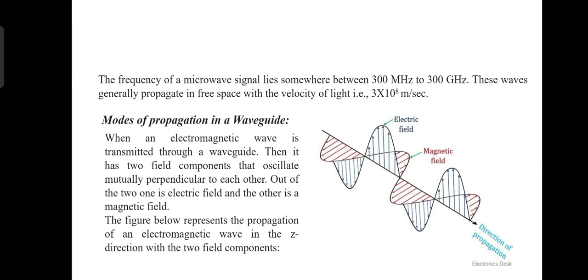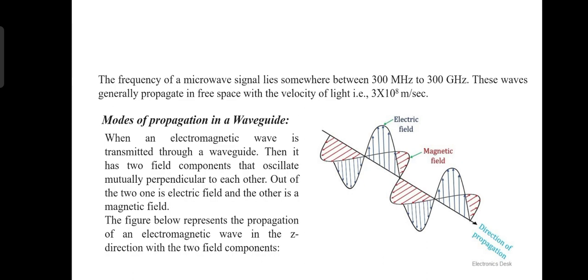When an electromagnetic wave is transmitted through a waveguide, it has two field components that oscillate mutually perpendicular to each other. Out of the two, one is electric field and the other is magnetic field.